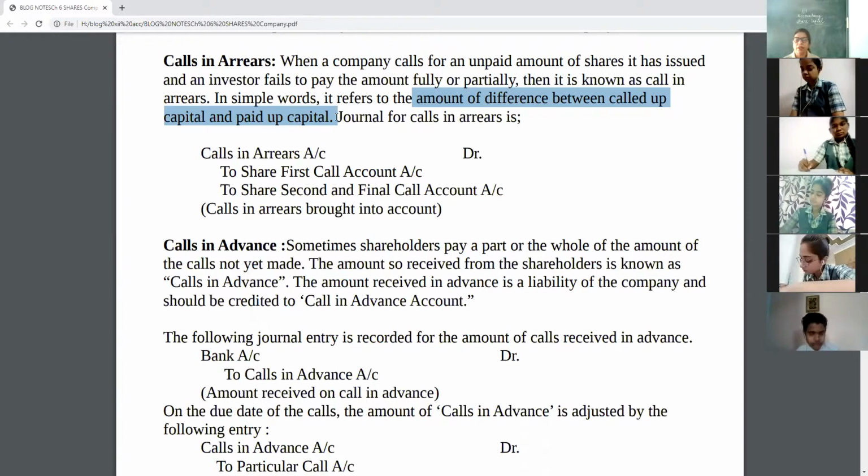Calls in arrears, I am giving you one fill in the blank. Called up capital minus paid up capital is equal to. Again, you can see this fill in the blank.